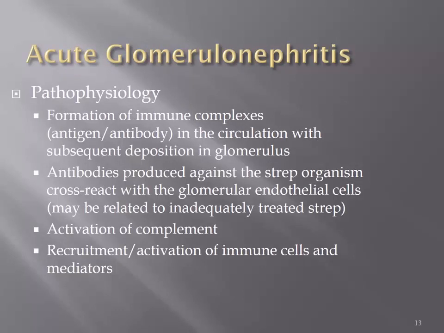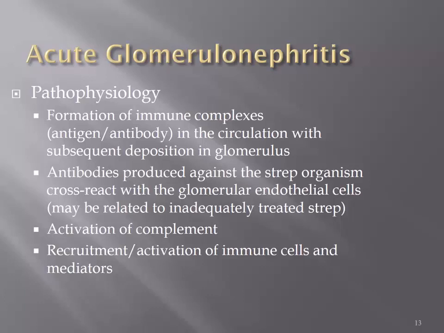When we're having a streptococcal infection, this may lead to formation of immune complexes. By immune complex, we mean a combination of antigen and antibody which circulate in the blood, and eventually they may get deposited in the glomerulus.